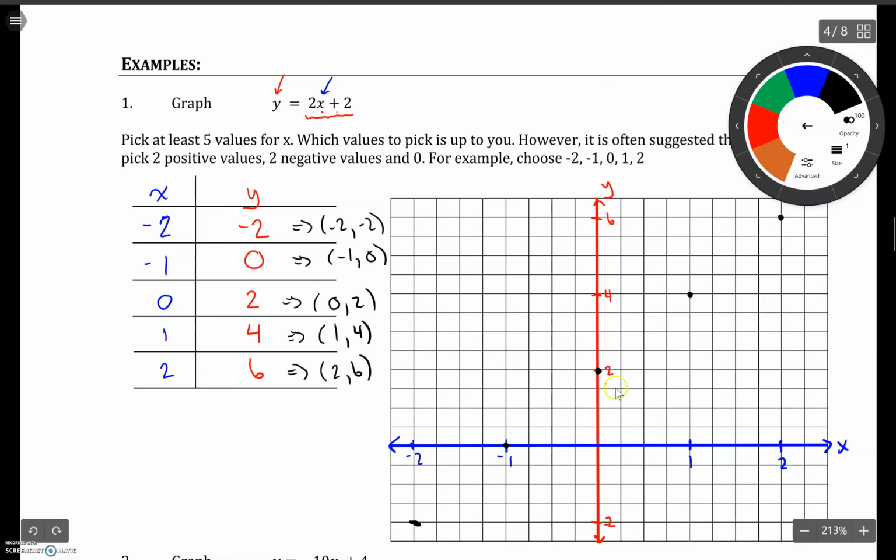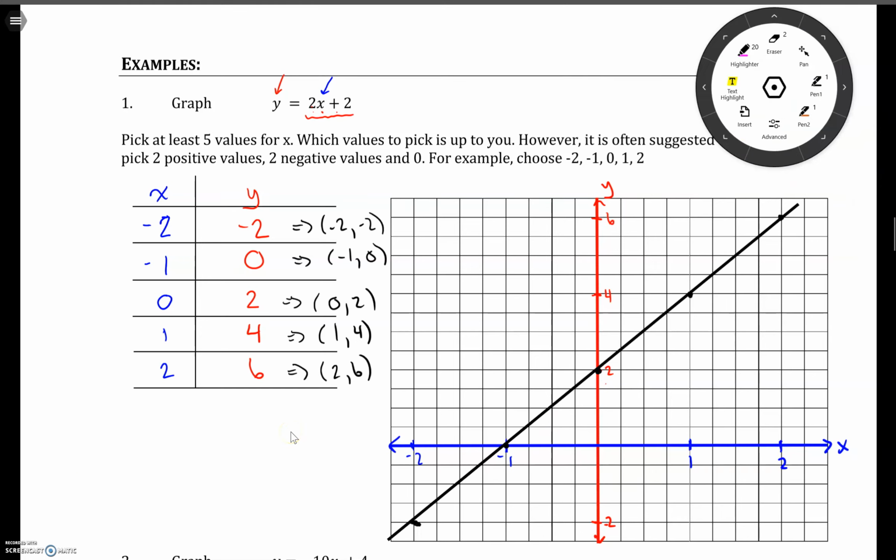After all of my points are plotted, I connect them with a straight line. Because we're only looking at a part of the line, it's a good habit to put arrows at both ends of the line that we're graphing. Later on, we're going to be graphing multiple lines on a single set of axes, so it's a good habit.